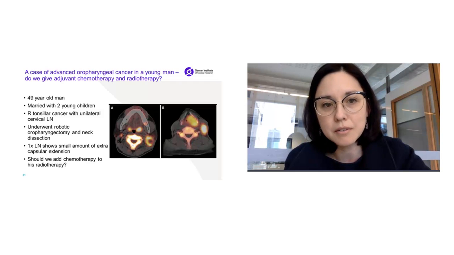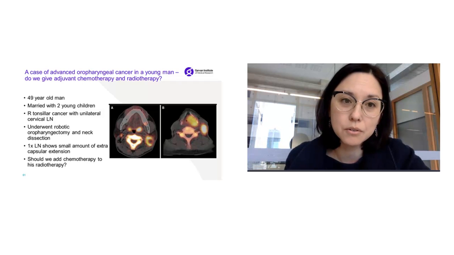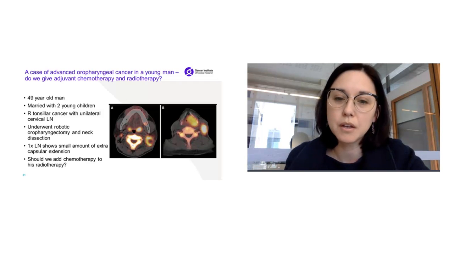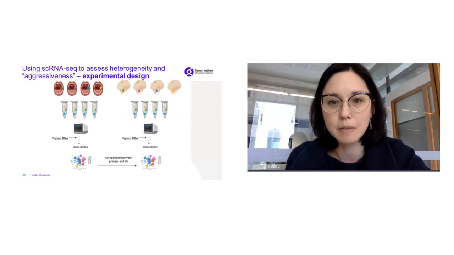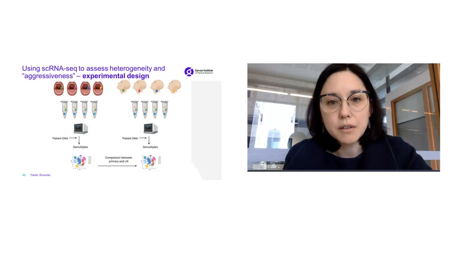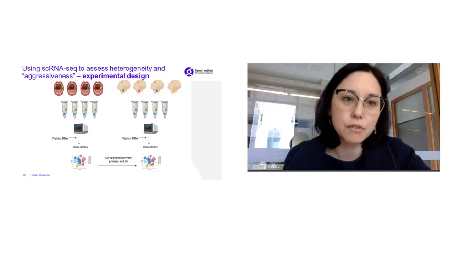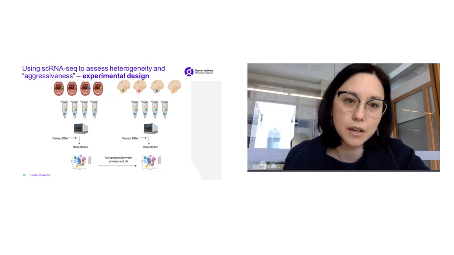However, these markers have been derived from clinical studies that are nearly 20 years old in an era when HPV infection was not very common. So with these patients, we really don't understand what constitutes a poor prognosis. And when we're trying to work out what therapies to give the patient, there is a lot of uncertainty. So what we're doing in the lab is using single-cell RNA-seq to assess heterogeneity and aggressiveness in these HPV-associated tumours.